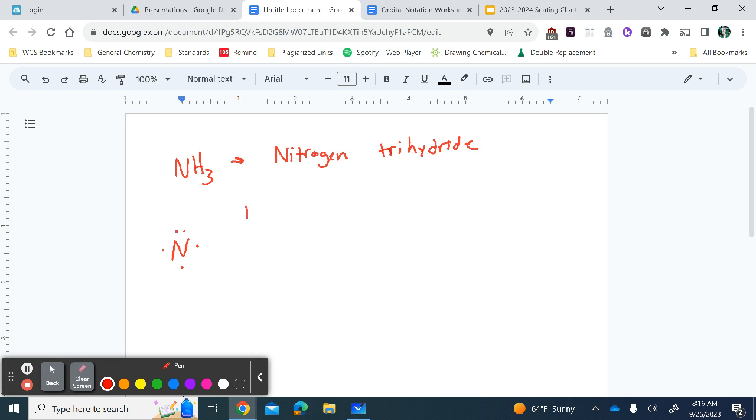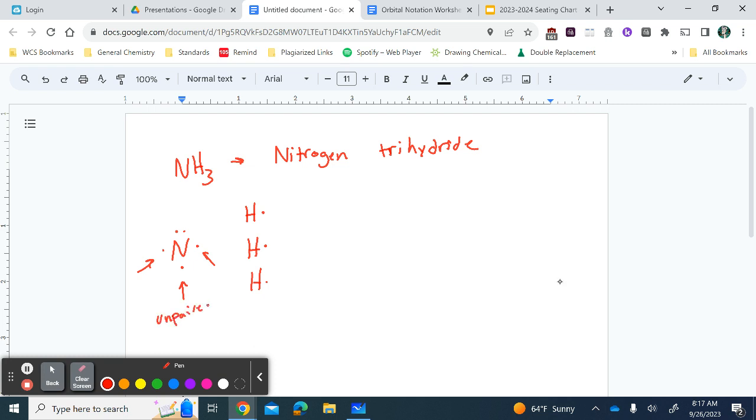And then there are 3 hydrogens attached. Each hydrogen has 1 valence electron. The first thing we need to decide here is which of these atoms is going to be in the center of this chemical compound. The nitrogen has 3 unpaired electrons, right? We have this electron right here, this one, and this one. These are our 3 unpaired electrons.